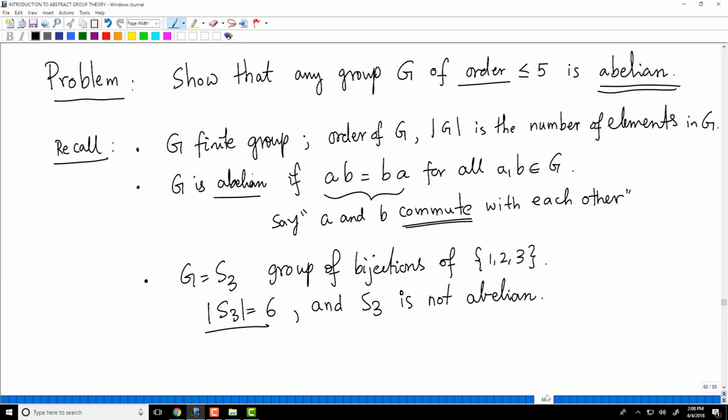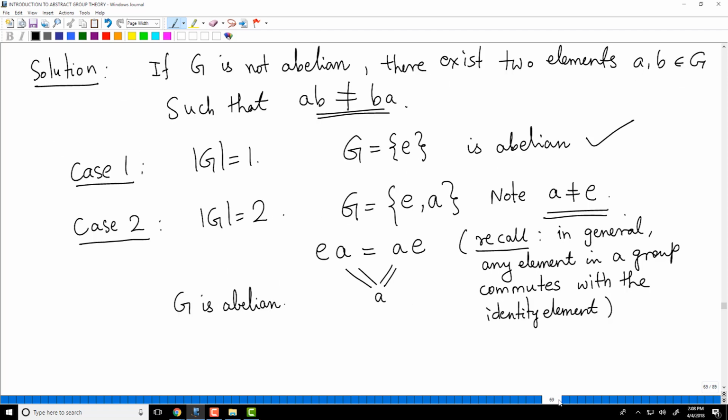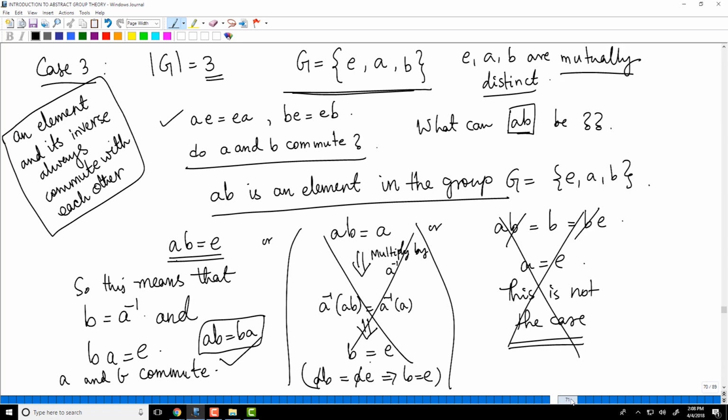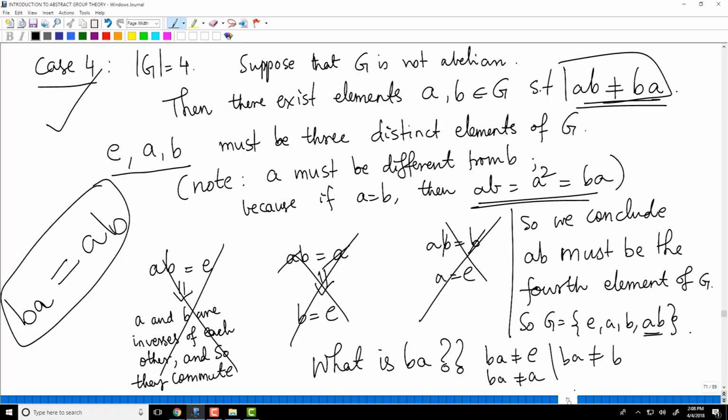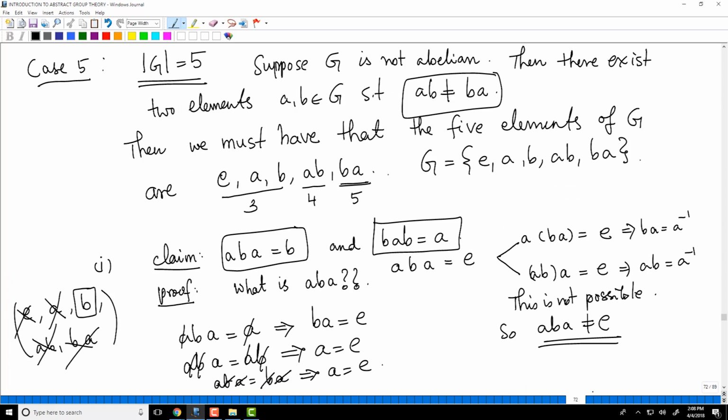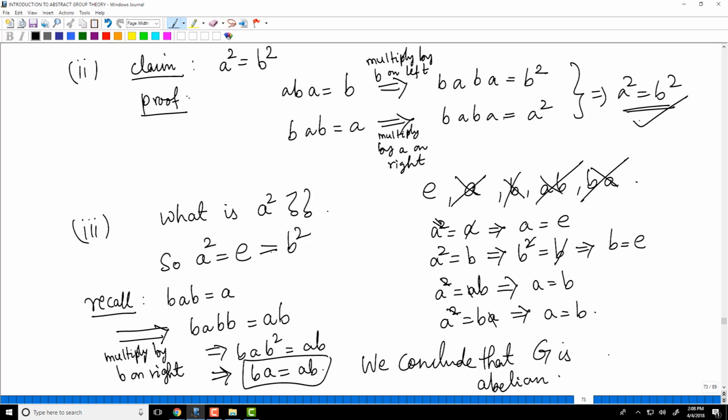We wanted to show that any group of order 5 is abelian, and we started considering order 1, which was very easy, order 2 was also very easy, order 3 was also fairly easy, order 4 was not difficult also because we easily concluded that there is not enough room. Order 5 required a little bit of work, but again we conclude, by systematically using all the properties that a group satisfies, that G is abelian.